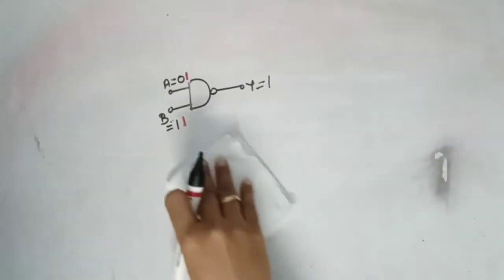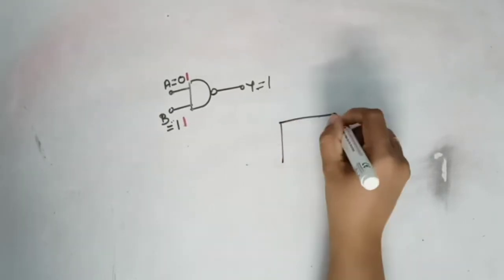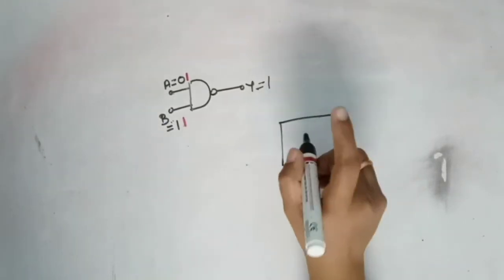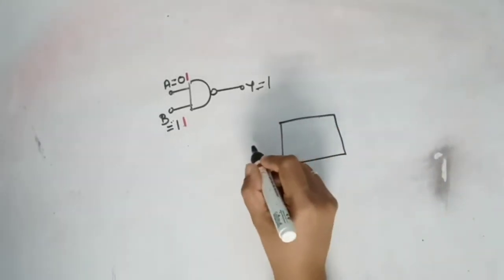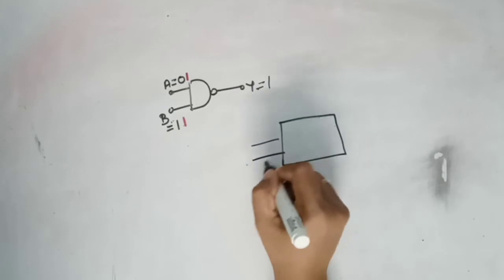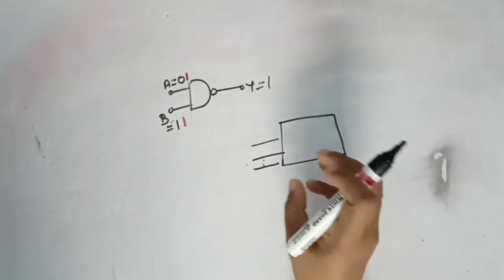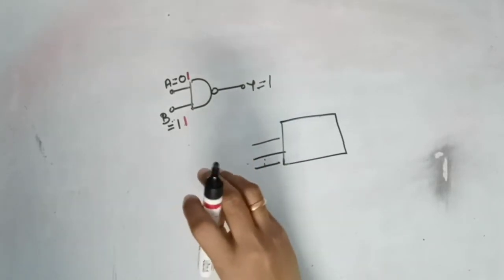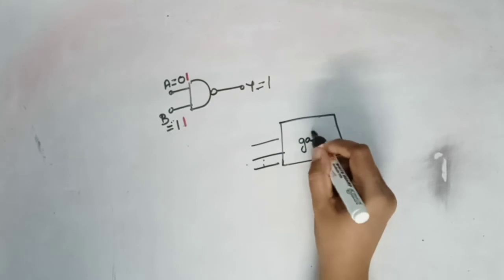I told that this is a 2-input NAND gate. Now, any gate, not IC, any gate, can handle so many inputs. There must be a limit to the number of inputs that can be connected to a particular gate.